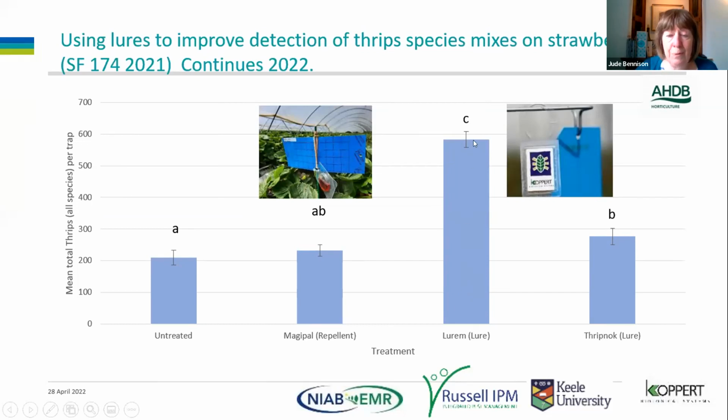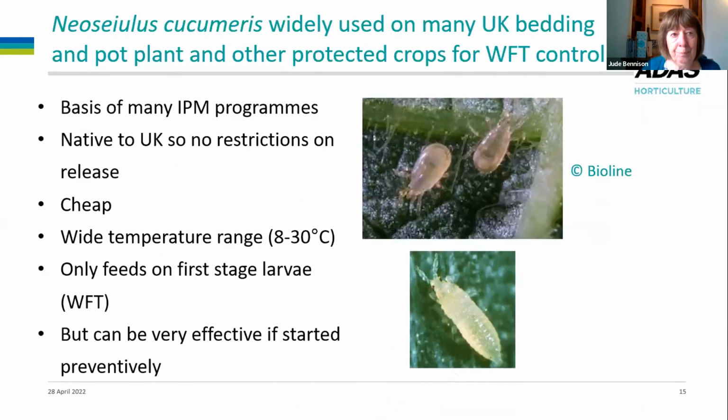You can see here we found 3 times as many thrips on the laurum traps as on the untreated traps. And Russell IPM have developed a new thrips lure called Thrip Knock, which is commercially available, but we found that in strawberry it wasn't as effective as laurum, but was slightly better than the untreated. So we're continuing with that work this year, and it might come up with some more results that might be useful to you ornamental growers as well.